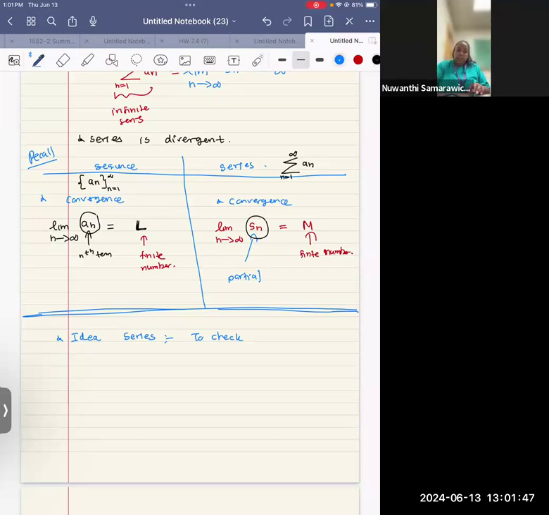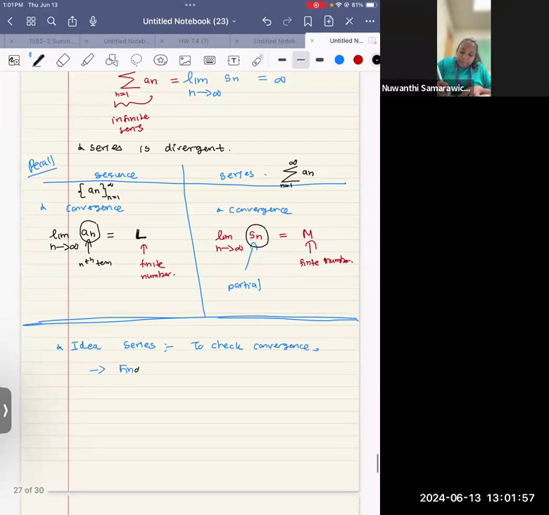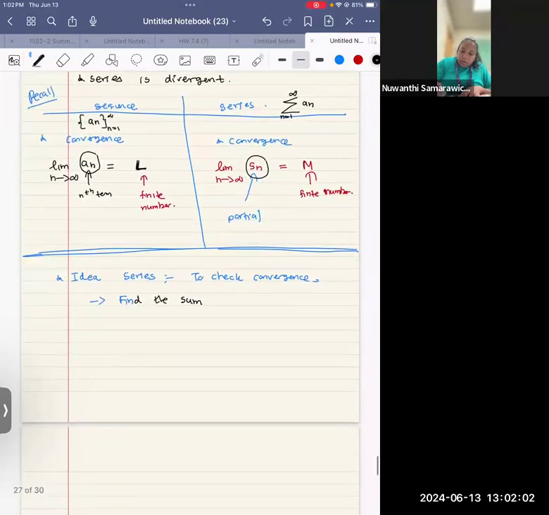So to check the convergence, first you have to find the partial sum, S. Then you have to check whether this sum goes to infinity or not.